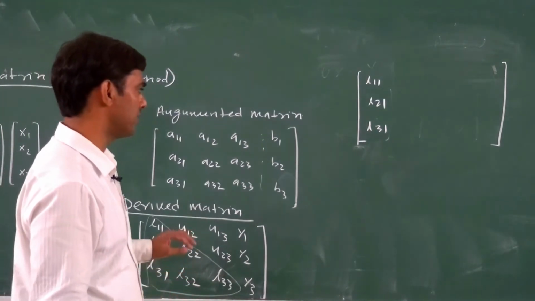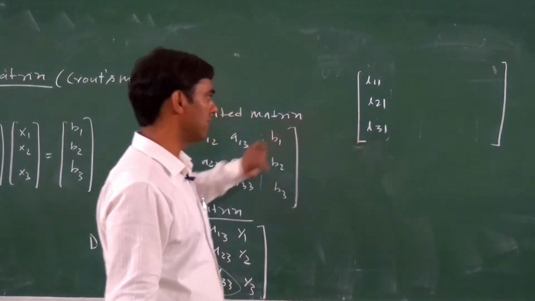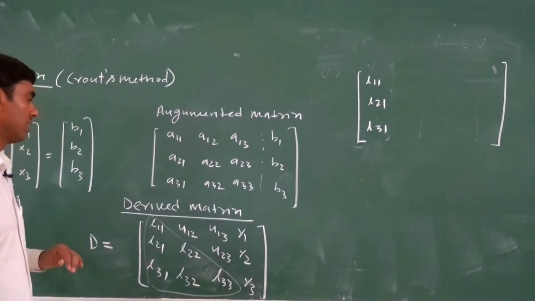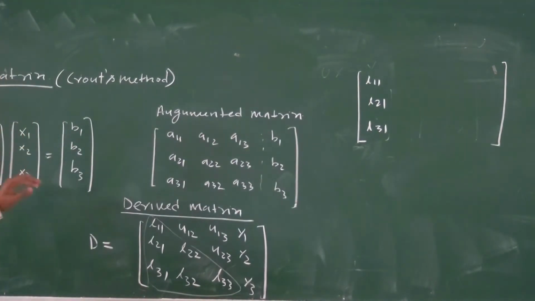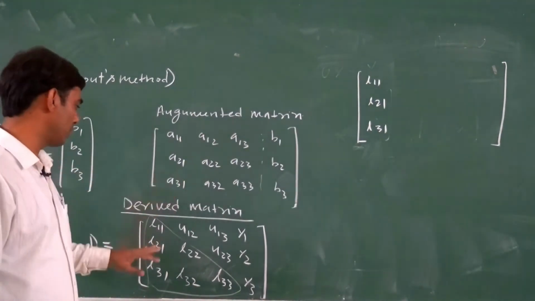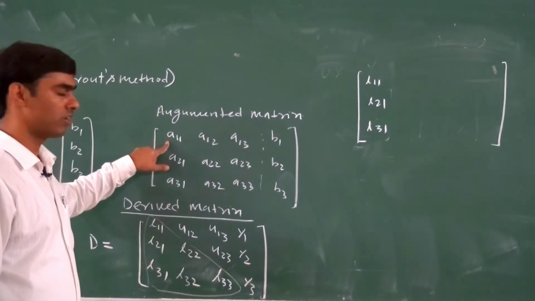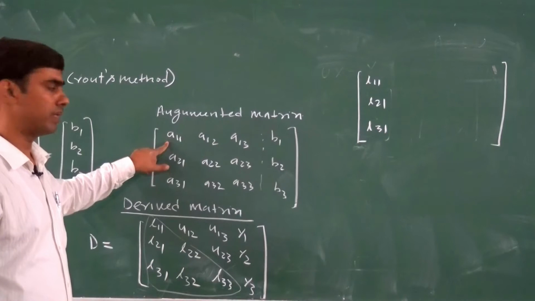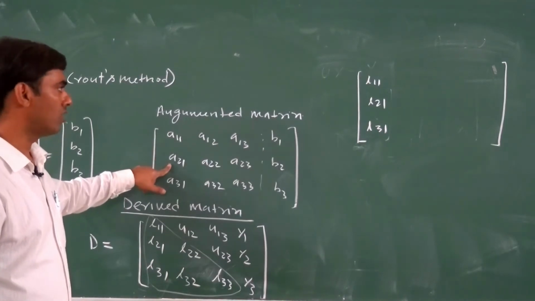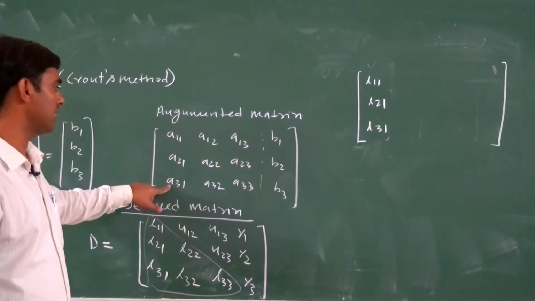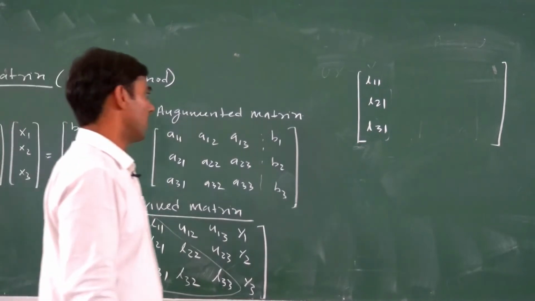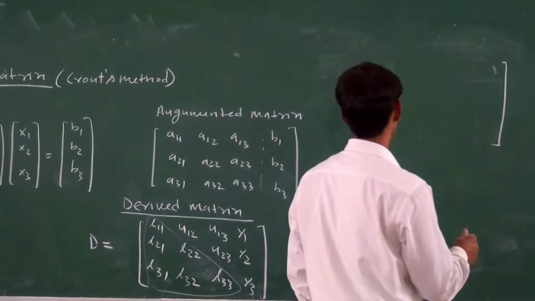As in the general calculation we have also discussed, the values of L11, L21 and L31 are directly written from the augmented matrix. L11 is A11 of the augmented matrix, L21 is A21, and L31 is A31.